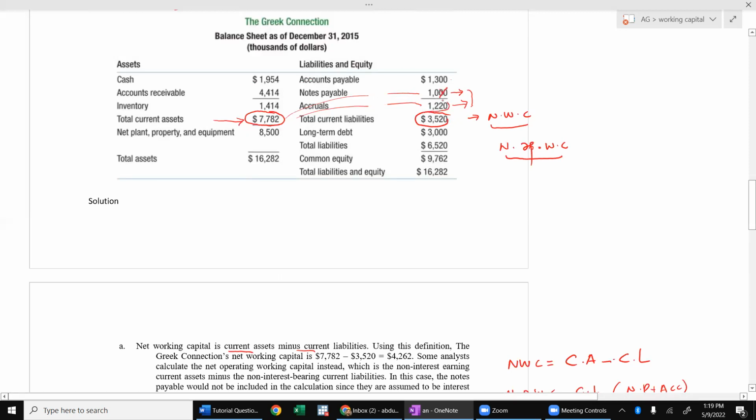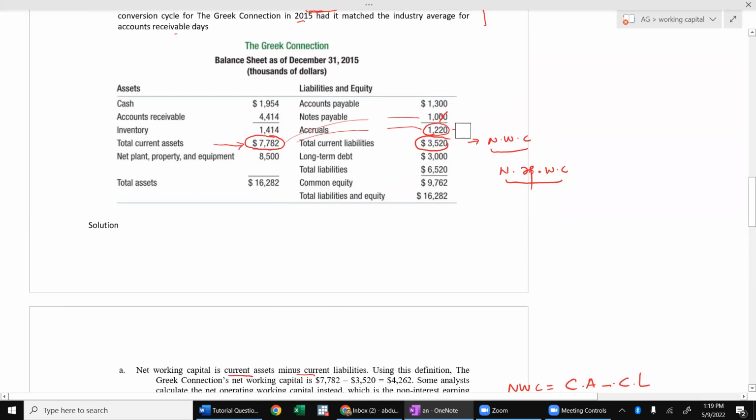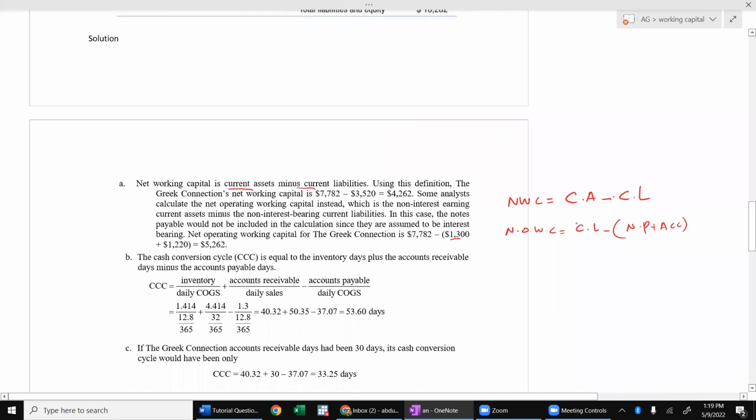Only accruals and payables will be included, because the interest we pay is on things like bank drafts and other short-term borrowings by the company, so these they do not include, but the rest, accounts payable and accruals, they will include. Total current assets will remain the same, but we will exclude notes payable because they are interest-bearing liabilities. So 1300 plus 1220, this will be our answer.